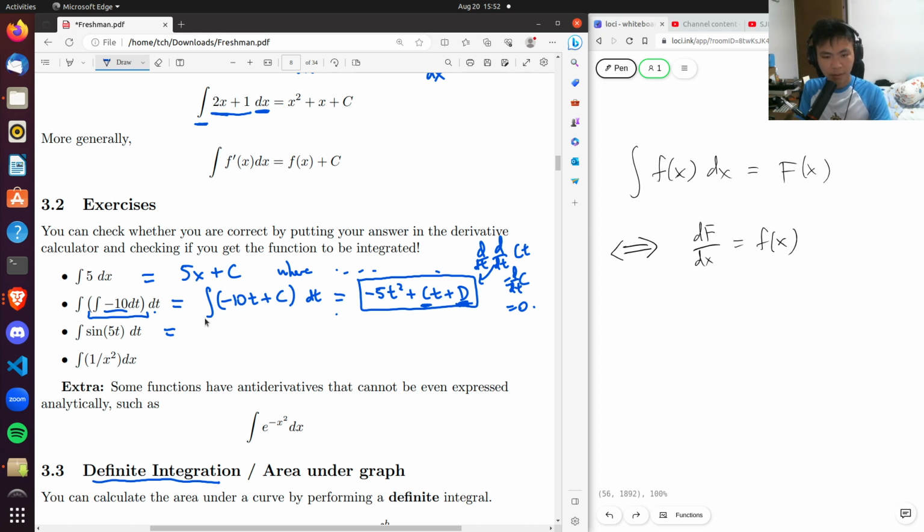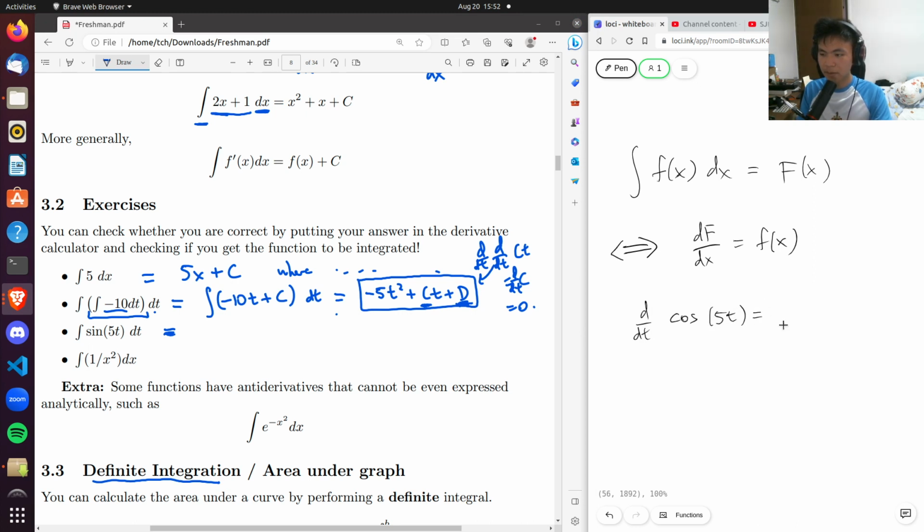Next, integral of sine 5t. This one's a bit more challenging, but it is important because this appears in things like oscillations and simple harmonic motion. We talk about the motion of a pendulum or motion of a spring mass system. So if we integrate this, we know that derivative of cosine 5t is minus 5 sine 5t.